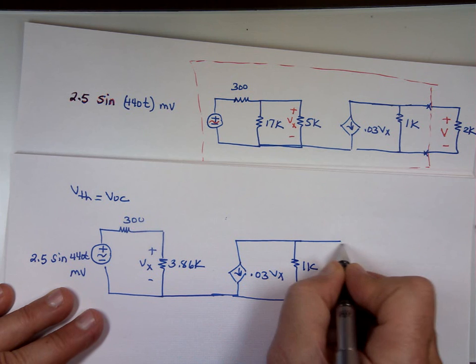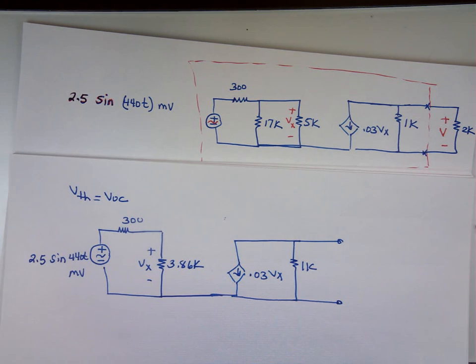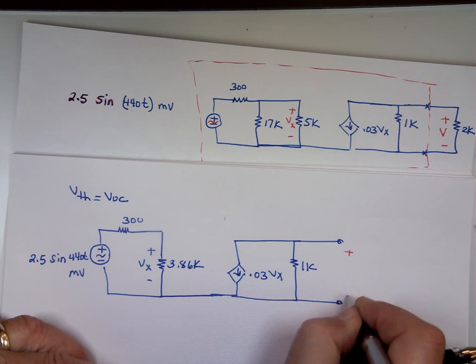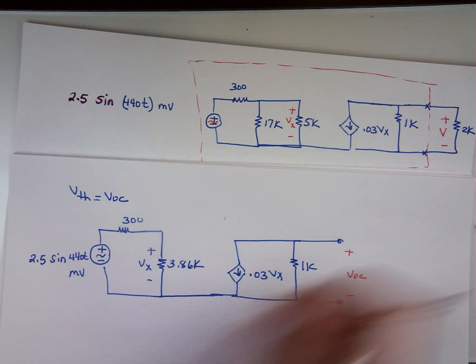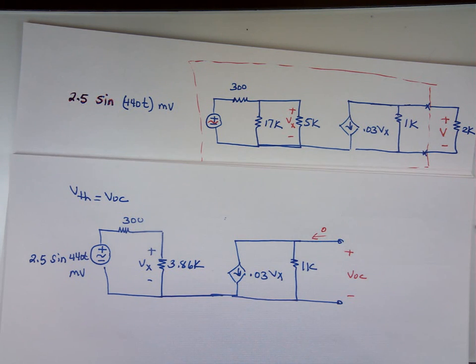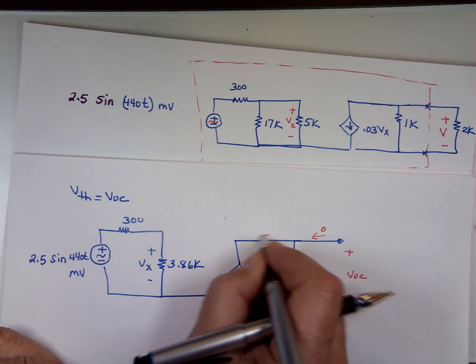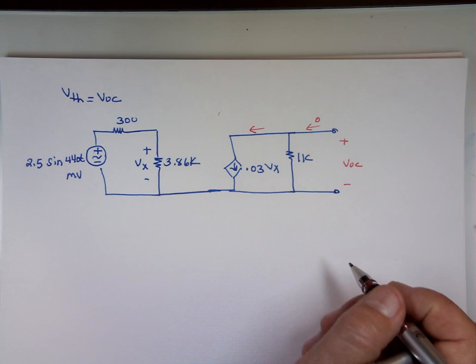If you don't attach anything, leave it open. What is that voltage right here? The fact this end is open means there is no current coming this way. That's 0. What is the current going this way? What is that equal to? It better be the same as this.